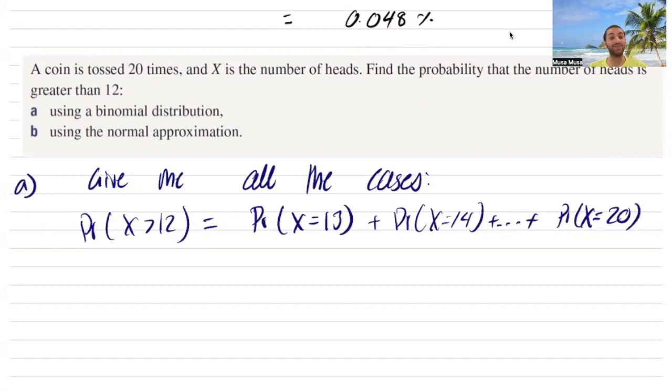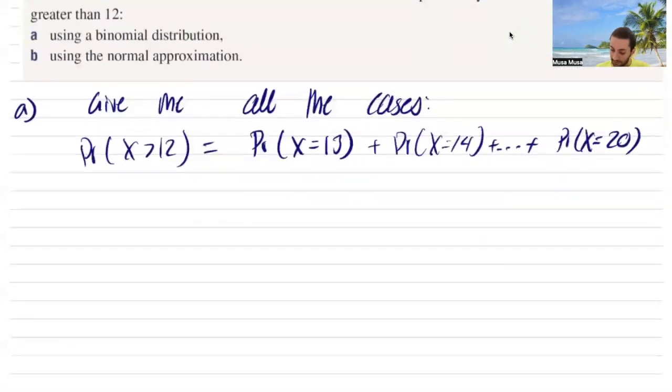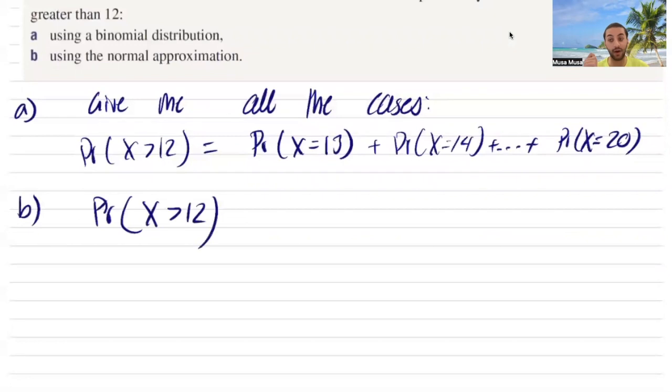Part B, using the normal approximation. First of all, probability X is greater than 12. We have to account for our continuity correction. Think about it in terms of the boxes. You want to go after that rectangle, so this is actually probability X is greater than 12.5.